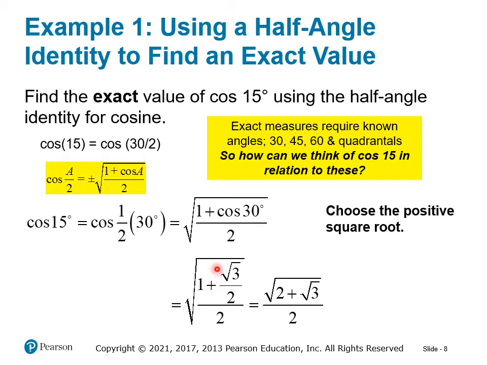When you have a fraction over a denominator, that fraction sinks, and so we get 2 plus the square root of 3 over 2 all over 2, which sinks, and the denominator becomes 4. And the square root of 4 is 2. And so we get this final answer here. This is all algebra at this point and solving complex fractions.